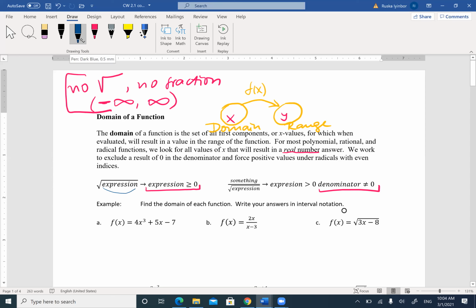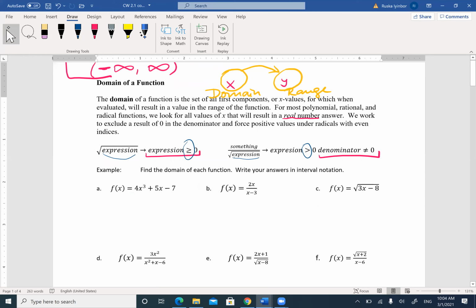And if the denominator is a square root, the expression inside has to be greater than 0, not equal to 0. Here you have greater or equal, but if the square root is in the denominator of a fraction, it's going to be greater only, because the denominator is not 0.